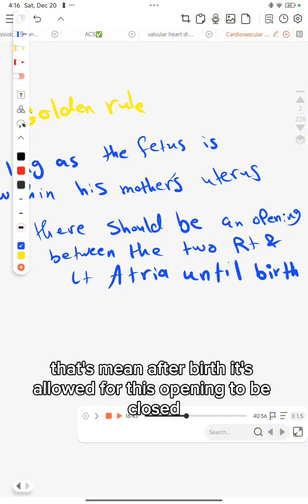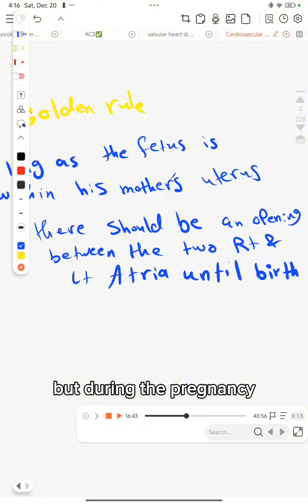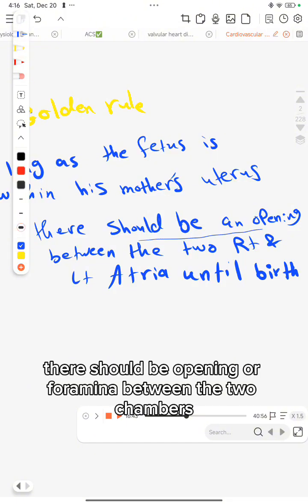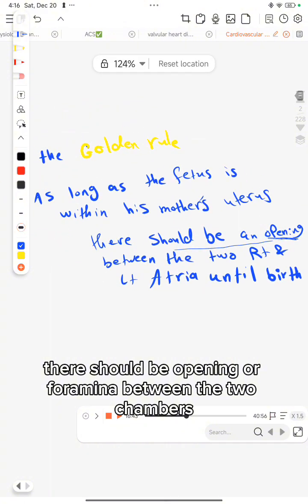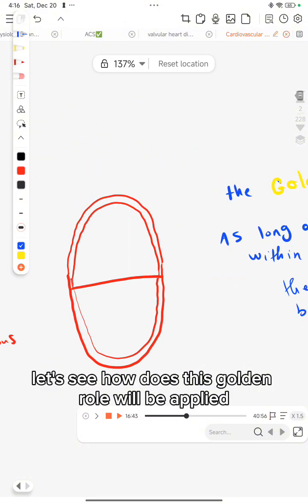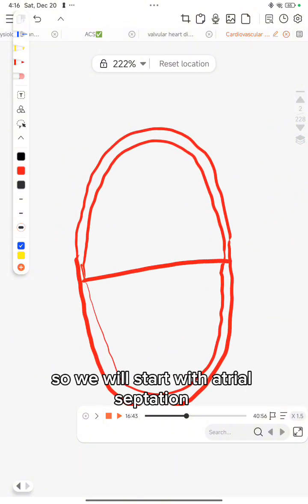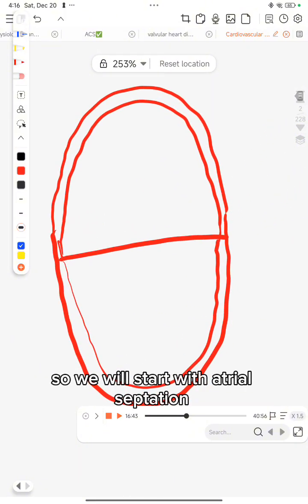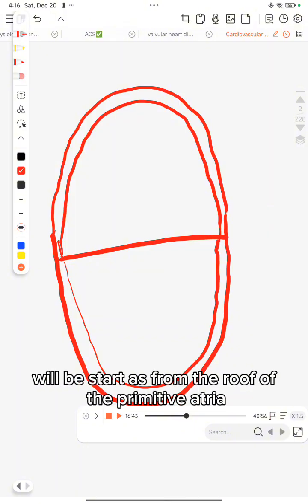That means after birth it's allowed for this opening to be closed, but during the pregnancy there should be an opening or foramina between the two chambers. Let's see how this golden rule will be applied. So we will start with atrial septation. Atrial septation will start from the roof of the primitive atria.